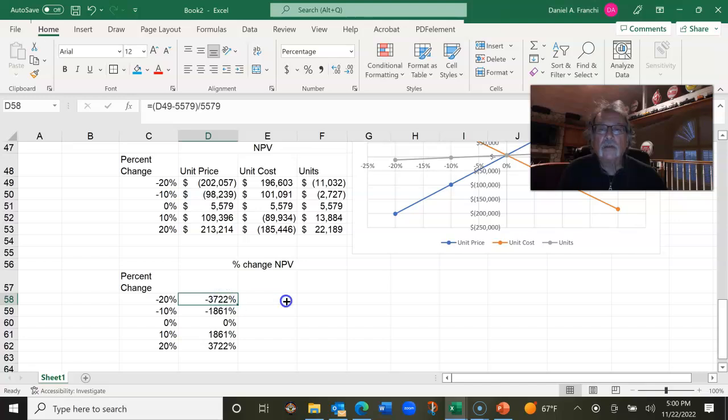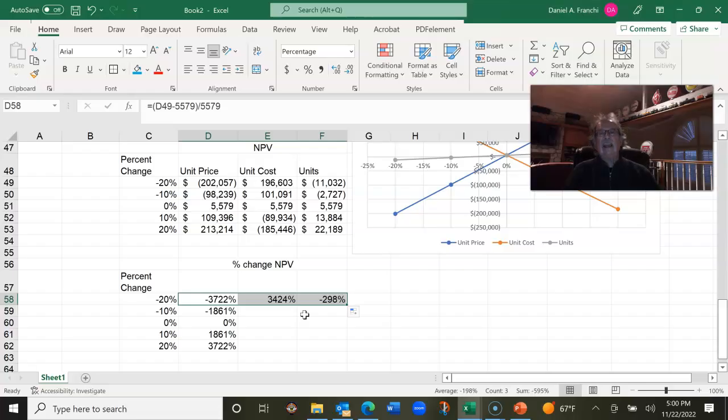Now we can drag this across here. We're going to get similar numbers for unit cost. And the important thing is recognizing the difference in these percentages. And we can plot these if you want to.